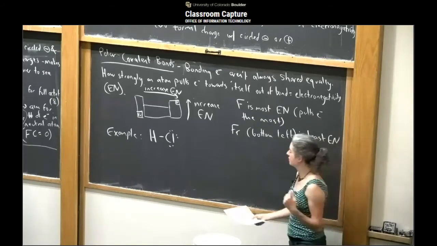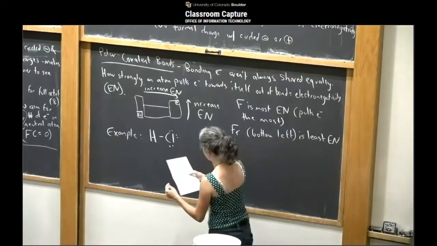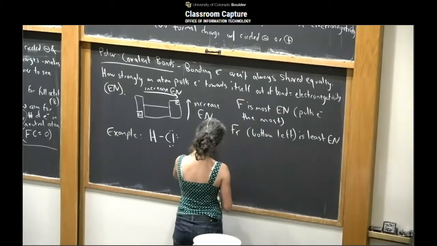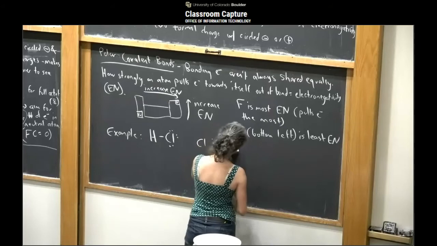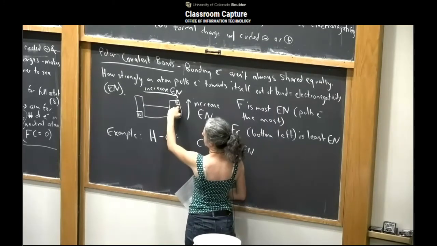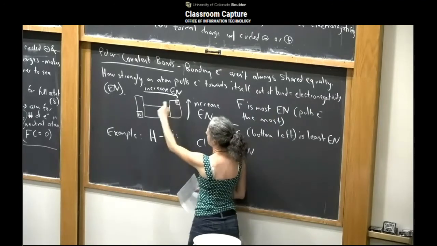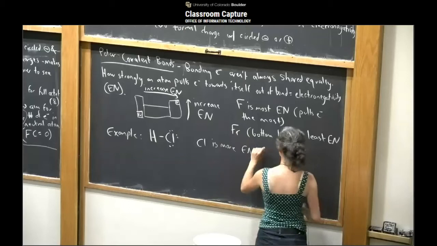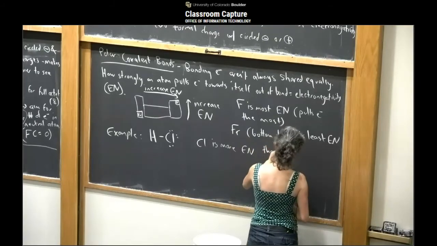No? Okay, never mind. So HCl here. Chlorine is more electronegative. So chlorine's right about here-ish, ignoring the noble gases. Hydrogen's over here. So chlorine is more electronegative than H.